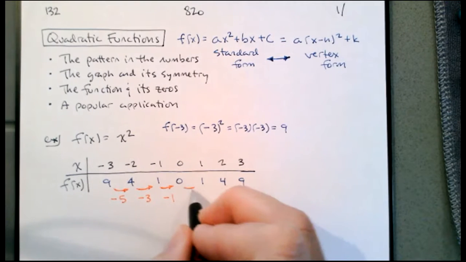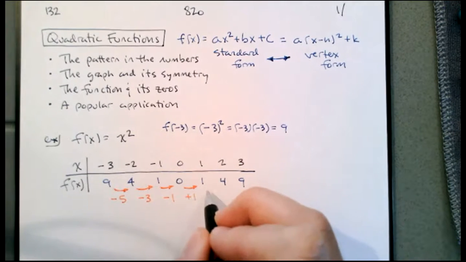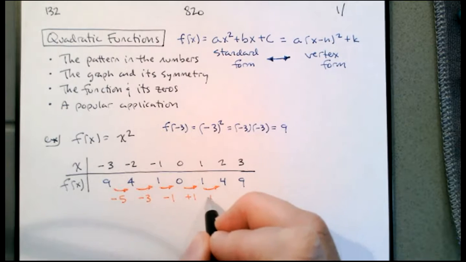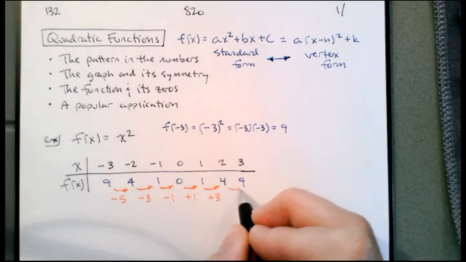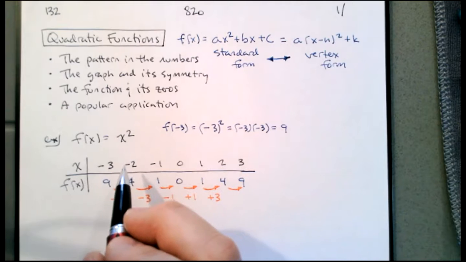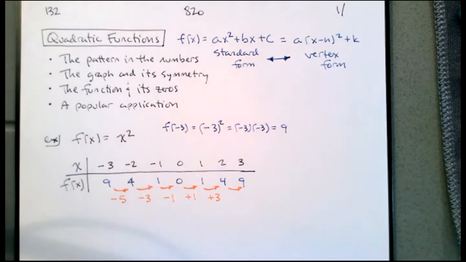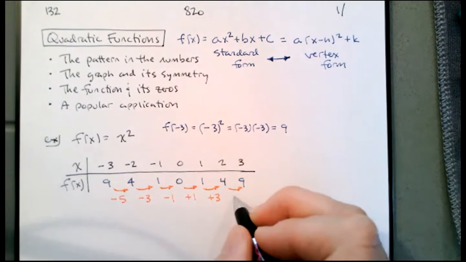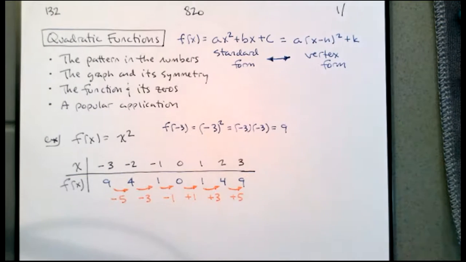From 0 to 1, we have an increase of 1. So we don't have a pattern of repeated addition. We should not have expected one, because x squared is not linear, and only linear functions have that pattern of repeated addition.